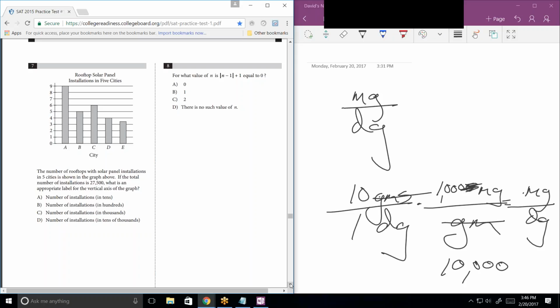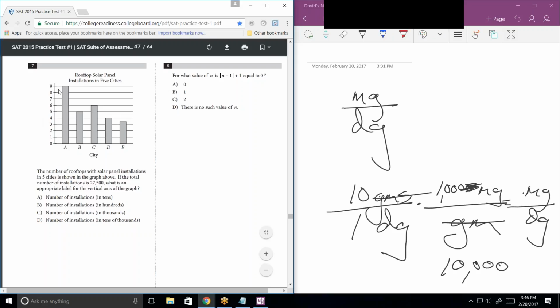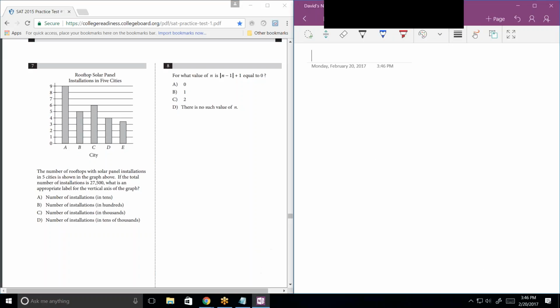So that immediately tells you that the vertical axis is number of installations. The question is, is it in tens, hundreds, thousands, or tens of thousands? If the total is 27,000, then that must be 9,000, 5,000, 6,000, and so forth. All right.